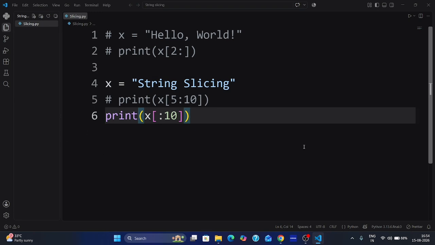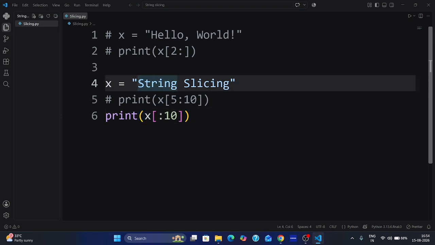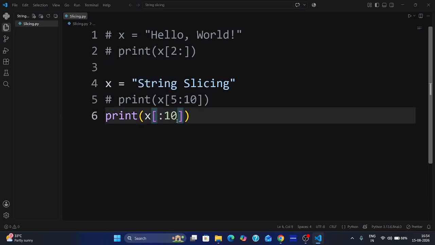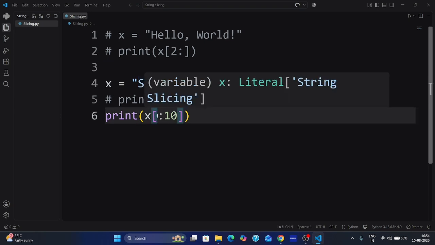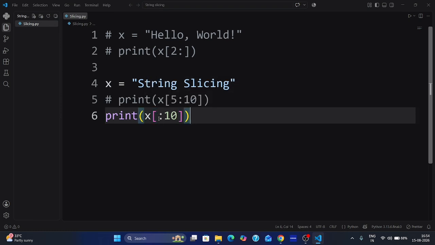I hope I already told you how to do this type of question. Colon 10 means from the starting. It will start from 0. If you don't mention any value here, Python simply knows it will start from 0 index, not from 1 or any other. By default, it will start from 0. So what is our 0?